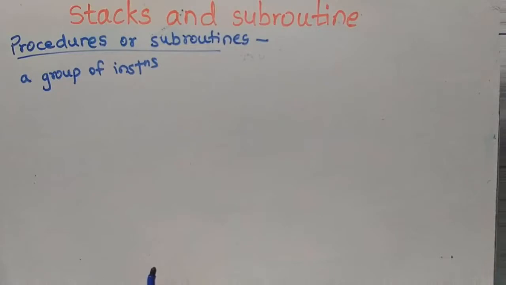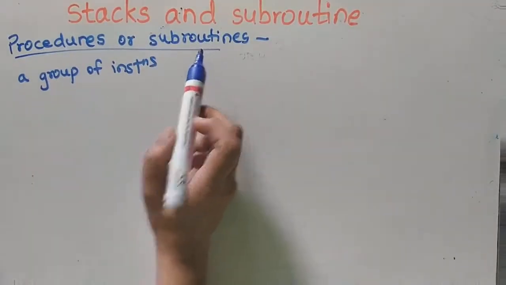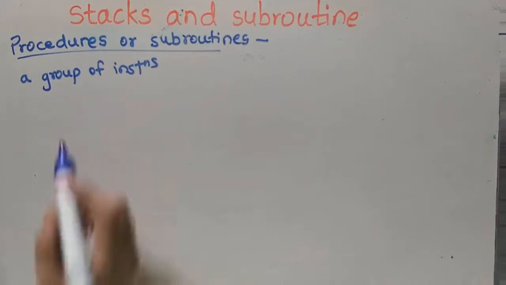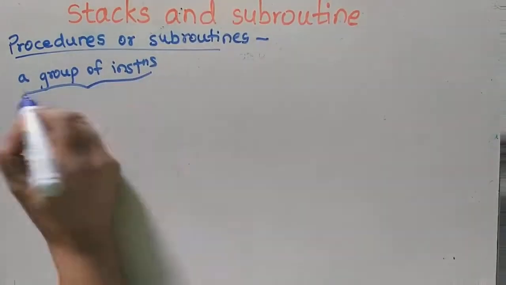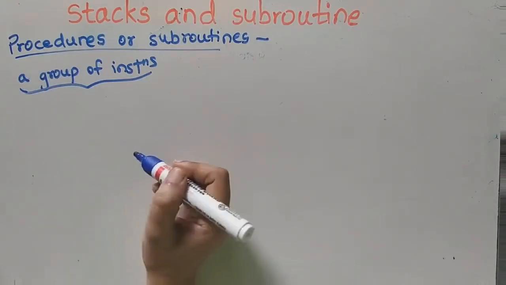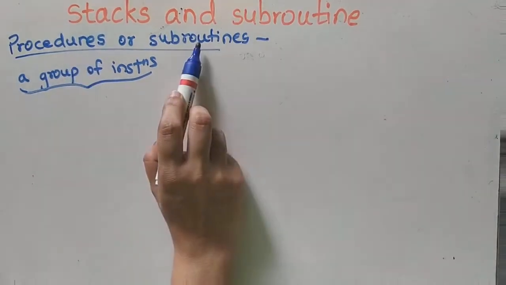In that case the length of the program will be more, and we can avoid this by using procedures or subroutines. That means that group of instructions which are repeated in a program, we can write in a separate way, and that is called a procedure or subroutine.